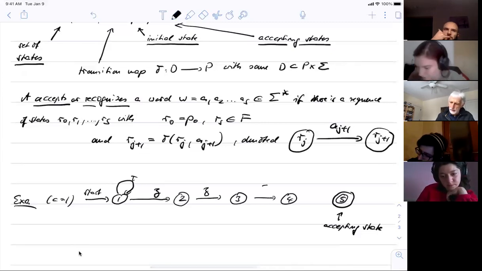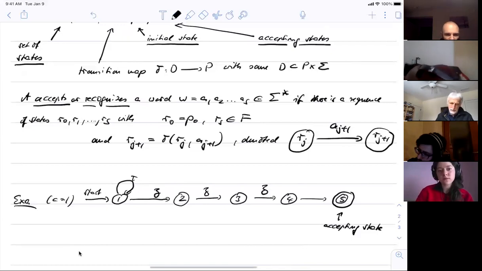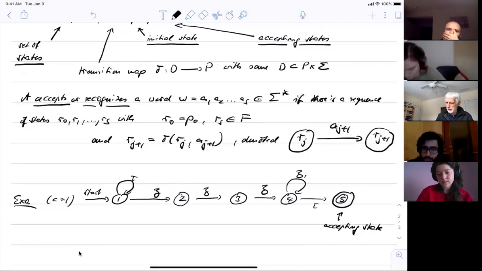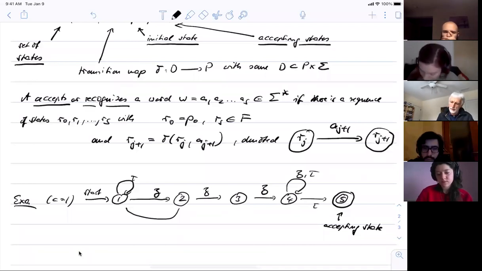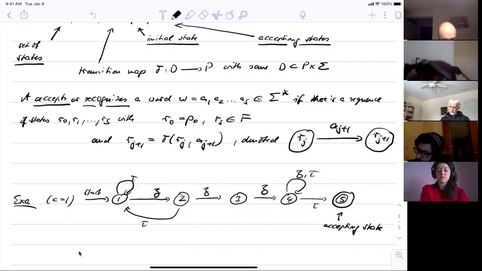Here again another theta, and say from state 4 I go where by appending tau, but I can also go from 4 to 4 using theta or tau, and so on. Then I go from state 2 back to state 1 using tau.